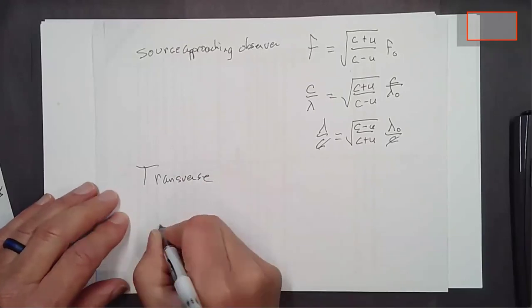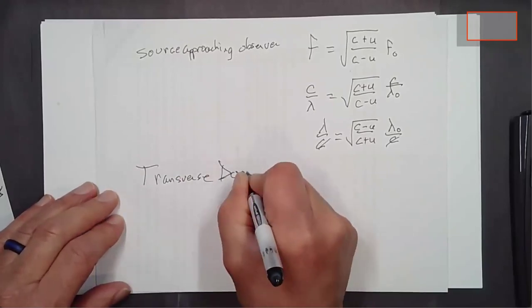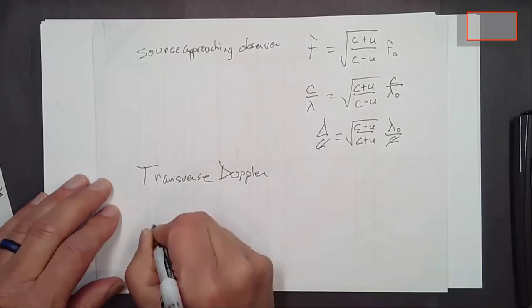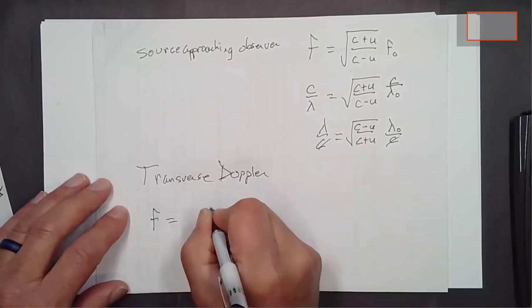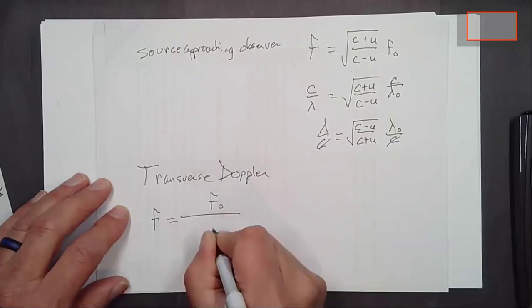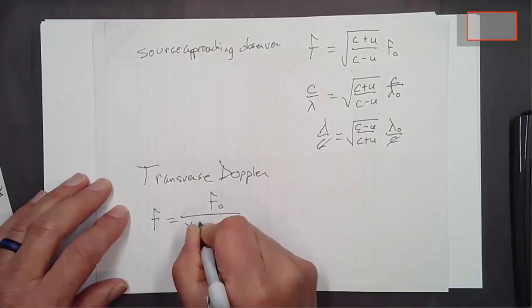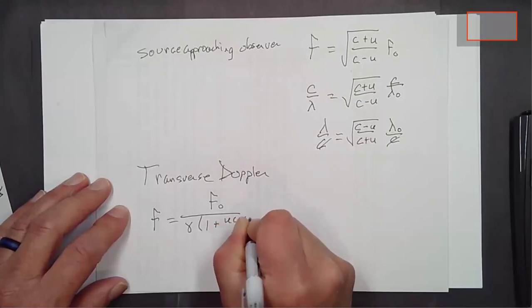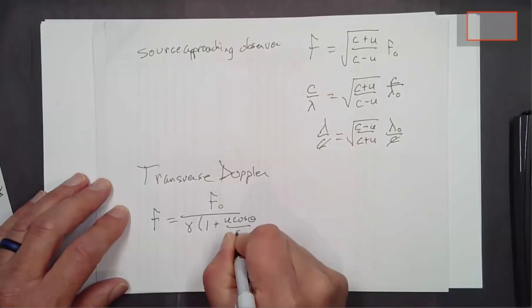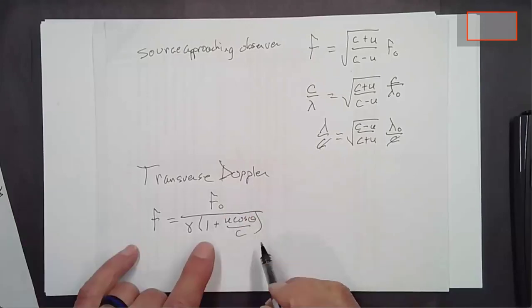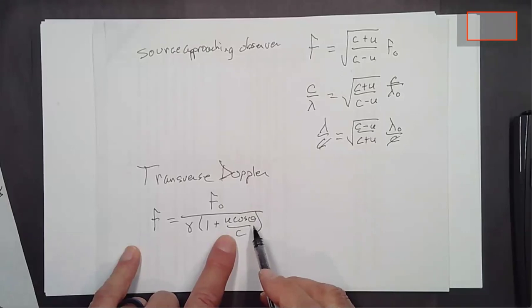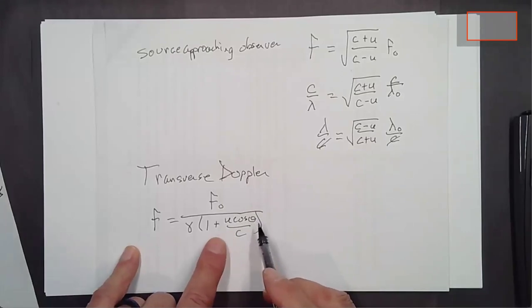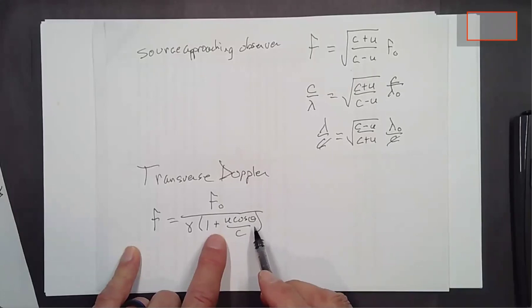It ends up looking like this: f equals f naught divided by gamma times 1 plus u cosine theta divided by c. And theta is the angle between the velocity of the thing giving off the light and the direction that light is traveling at emission.